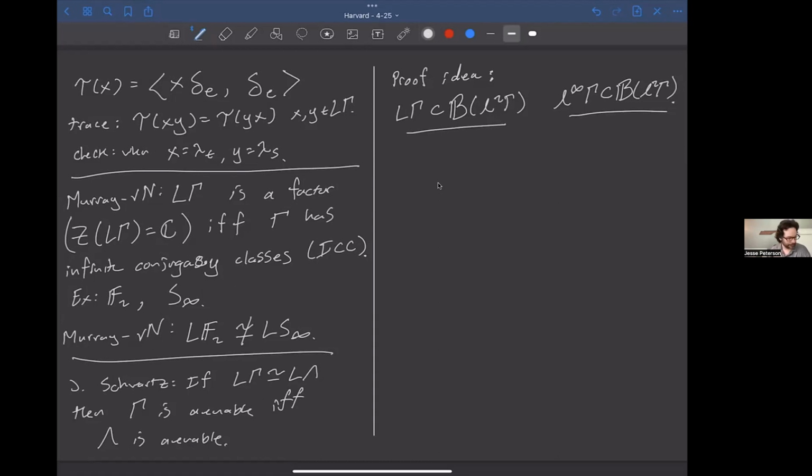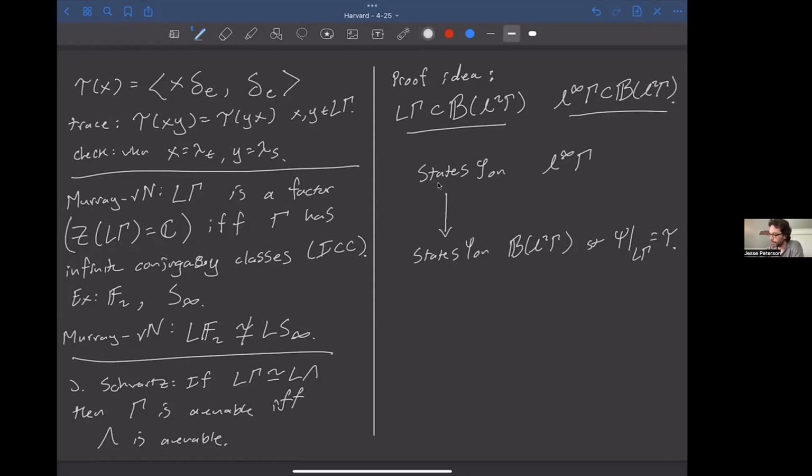Specifically, using these two decompositions, you can transfer between states on L infinity of gamma and states on B of L2 of gamma. Let me give this one a name, phi, such that phi restricted to L gamma is the trace. There's a natural way to go back and forth between these two worlds.